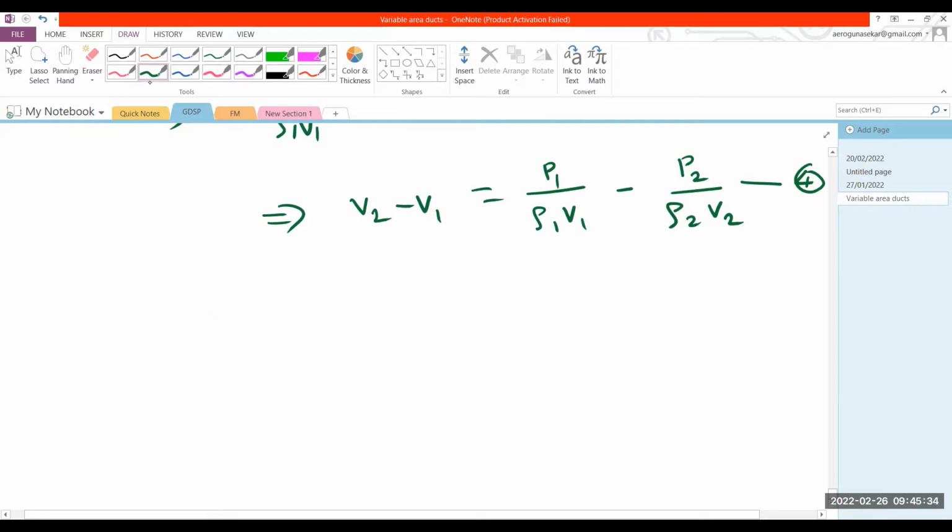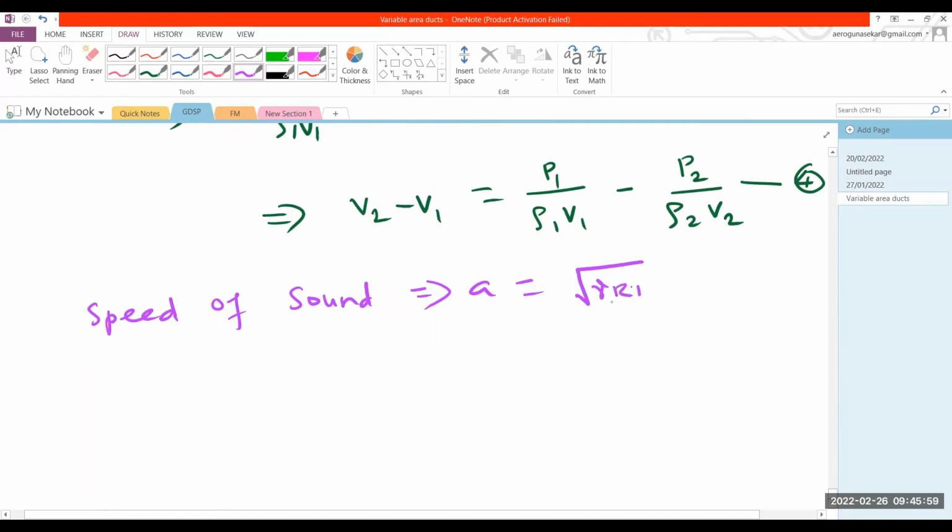We have defined the speed of sound, which you also know. The equation is A equal to square root of gamma RT.